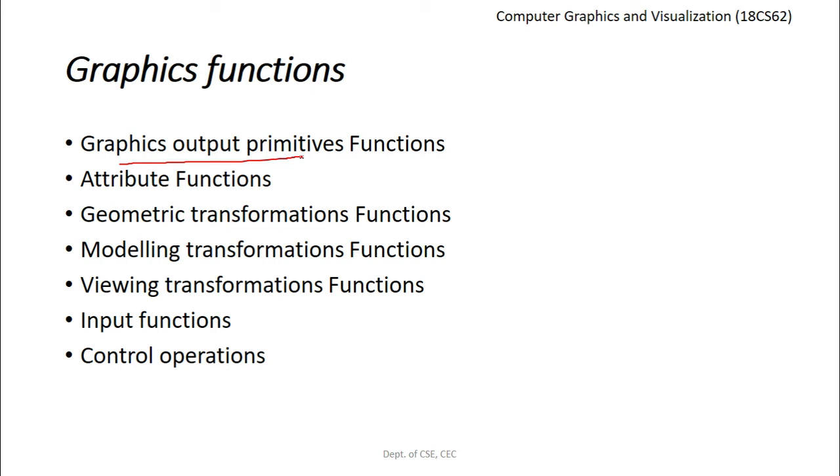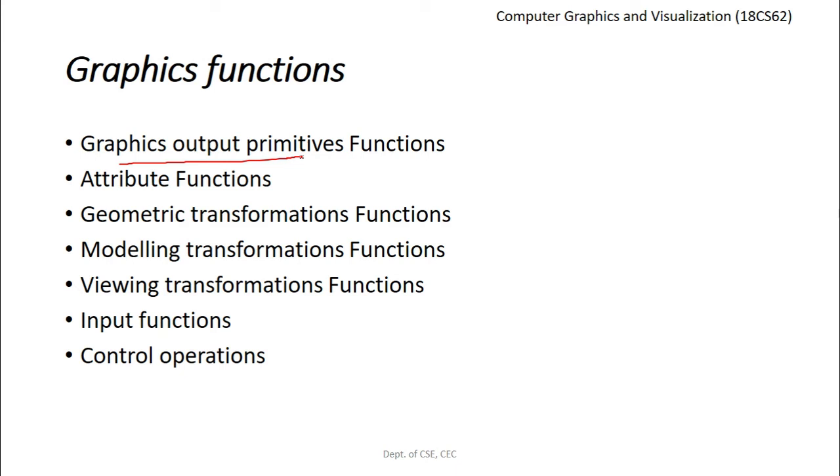So most of the graphics packages provide us with graphics primitive functions using which we can define character strings as well as the basic geometric entities. We can draw a point, we can draw a straight line, we can draw curved lines, we can draw filled areas such as polygon, circle, and shapes with an array of color points.